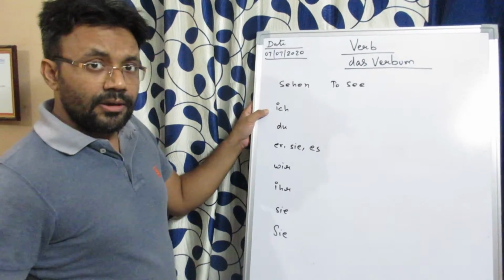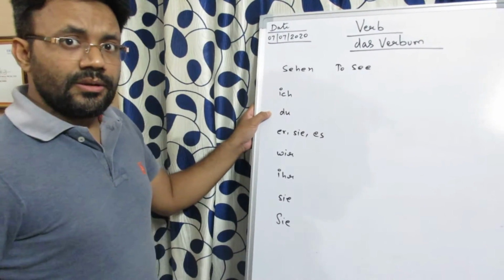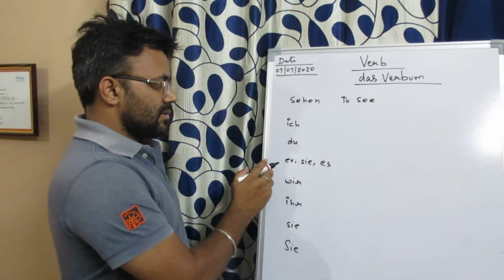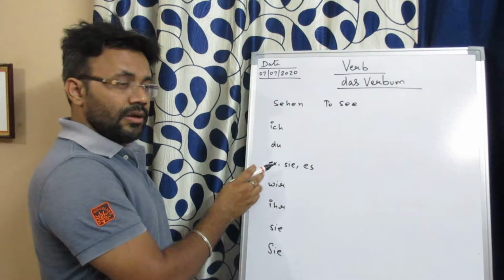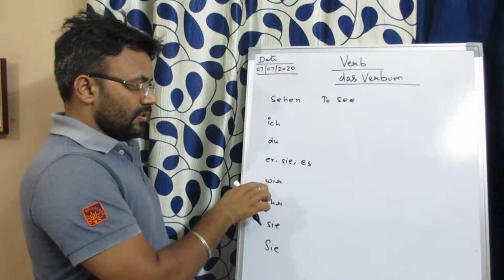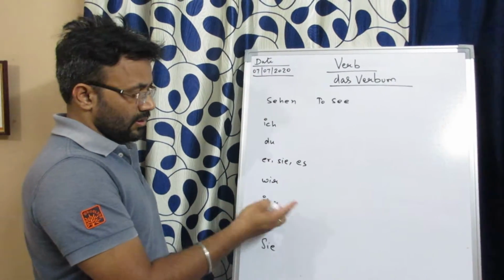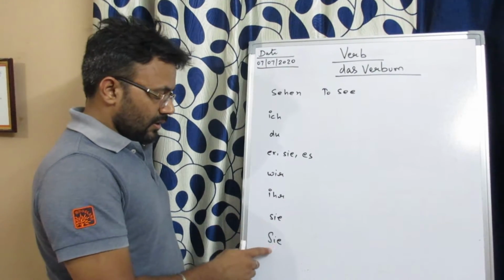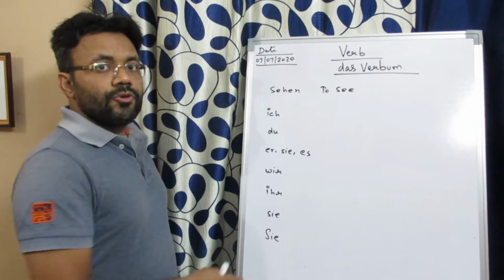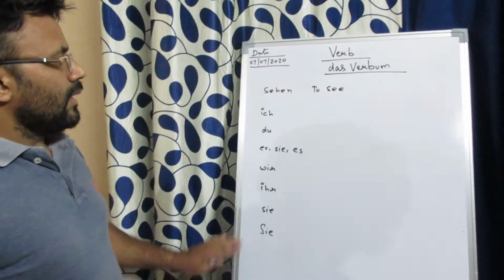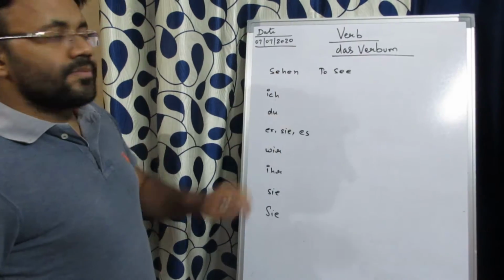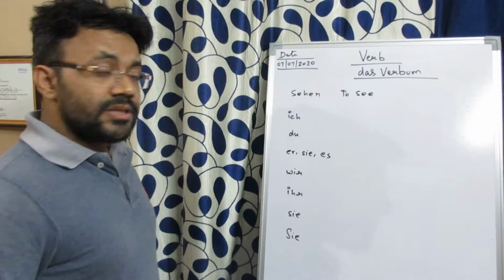Ich means I, du is you in an informal manner, sie, es is he, she and it, wir means we, ihr is you all, small sie is they, and capital Sie is you formal. This is the way we will write all forms possible for sehen, to see.